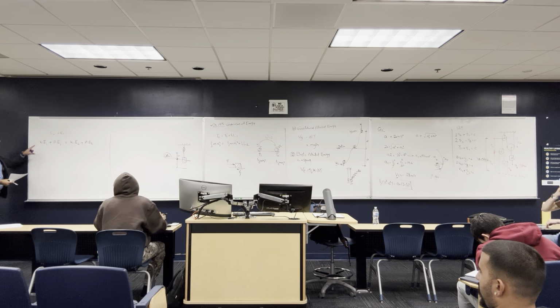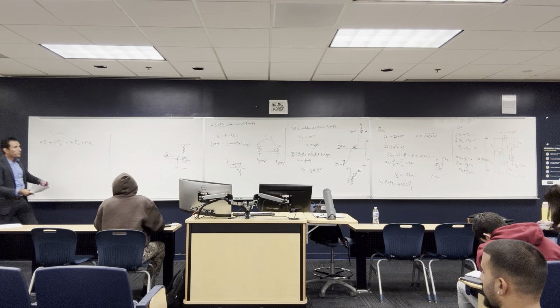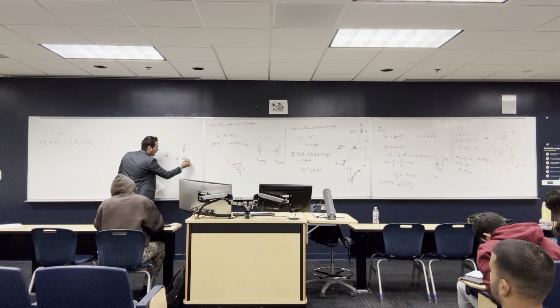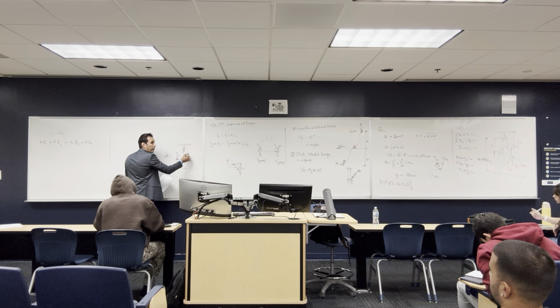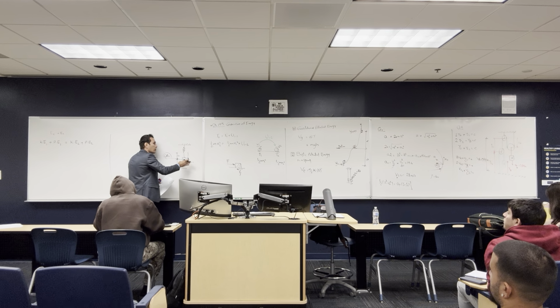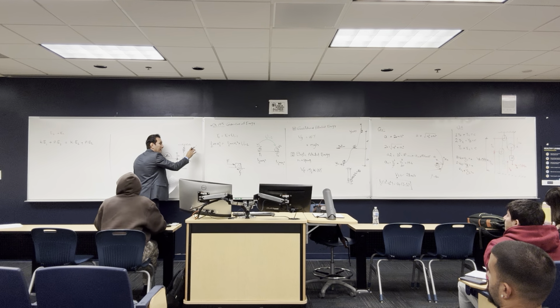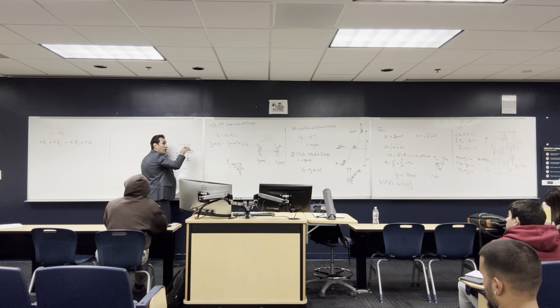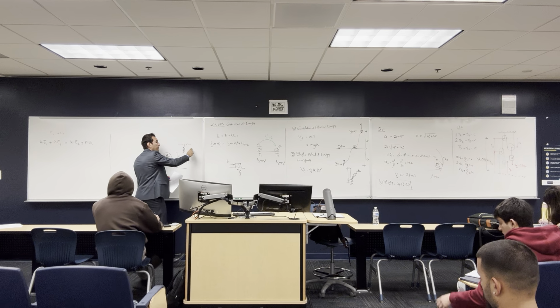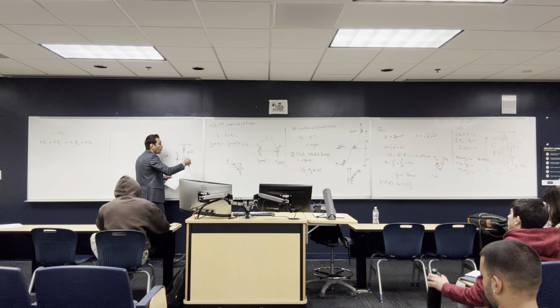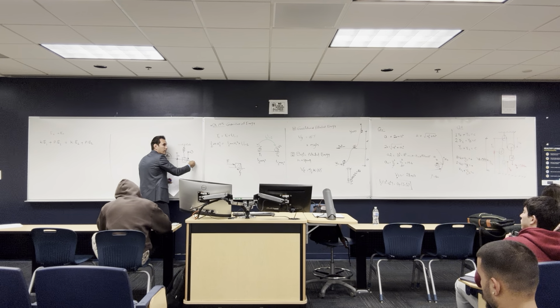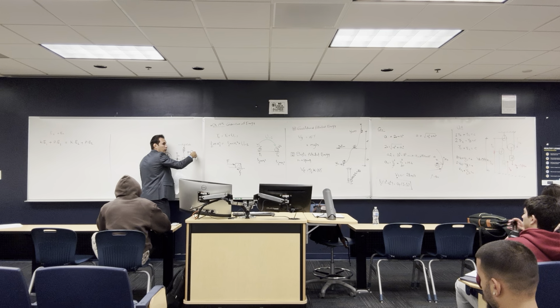For example, like this body, I have to give it a velocity here to go all the way up. So it has a lot of kinetic energy at first to go all the way up and then stop, and when it stops, the velocity is 0. So the kinetic energy at the final position is 0. So it has kinetic energy at the start, but 0 kinetic energy at the end.